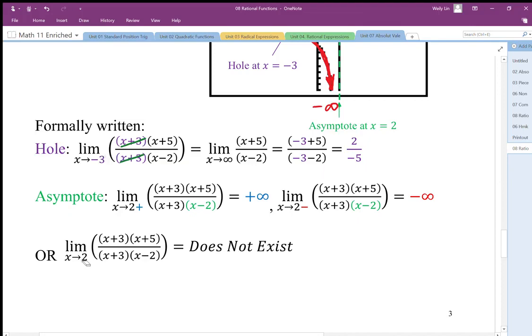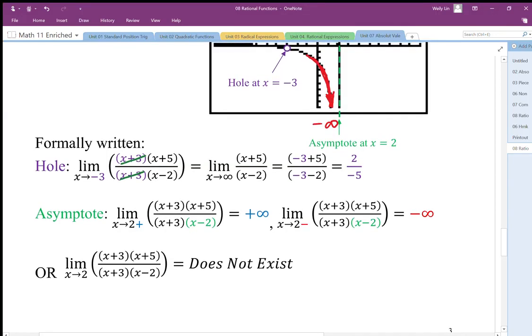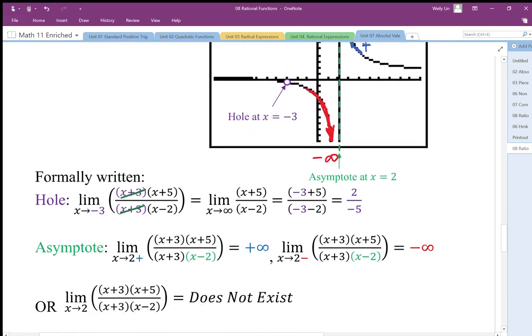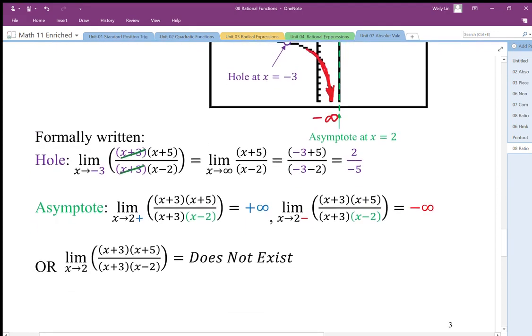So if I take away the plus and minus, I get a two-sided limit, and because it does not go to the same place from the left side and right side, we say that the limit does not exist, or we sometimes denote it as DNE. Okay, there is no limit because it does not go to one specific place.